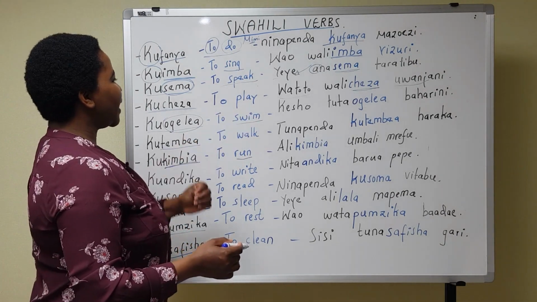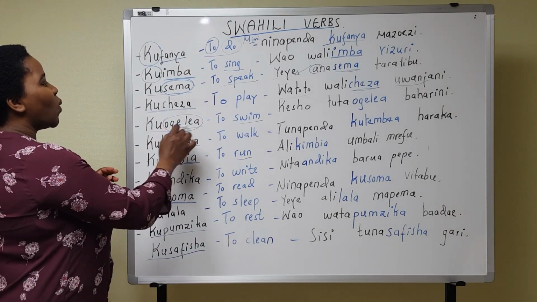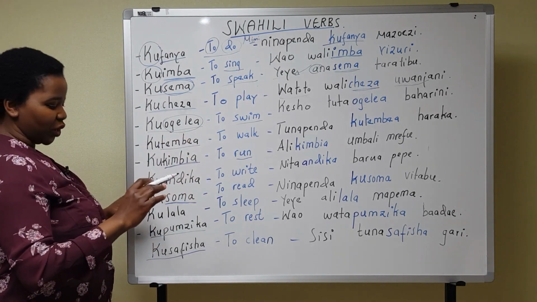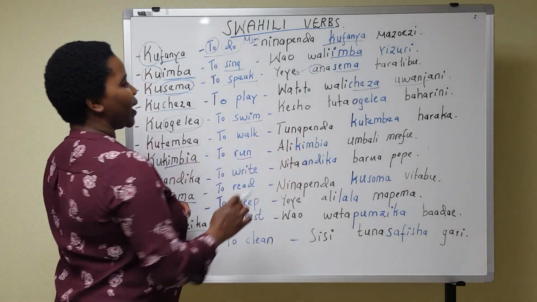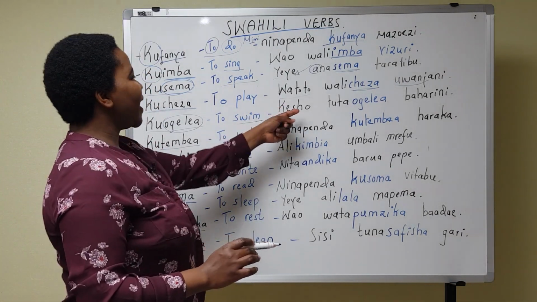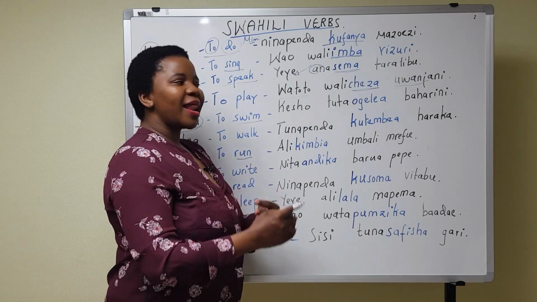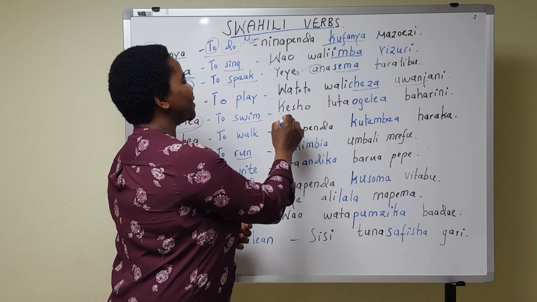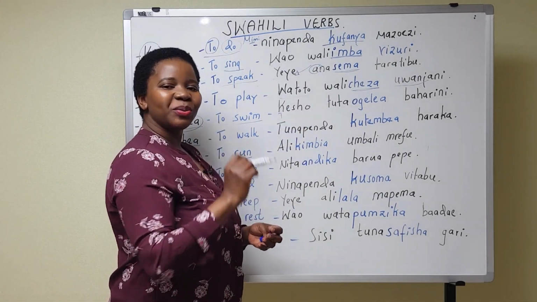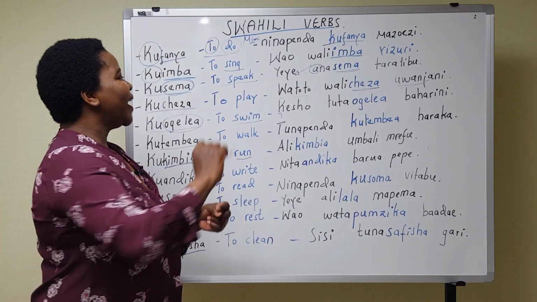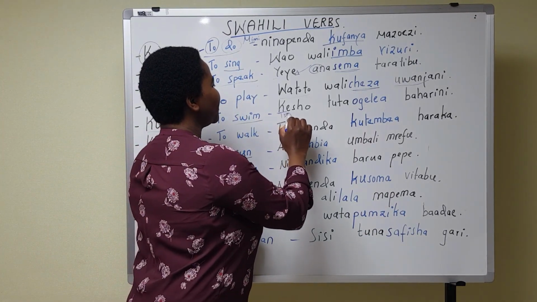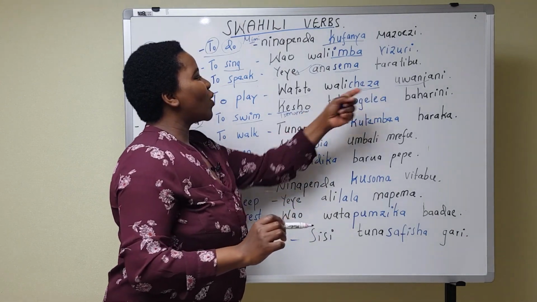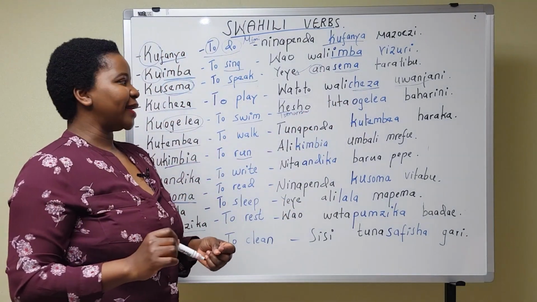Another example is kuogelea, which is to swim. Let's look at this example. Kesho tutaogelea baharini. Kesho, which is tomorrow. Tutaogelea baharini.